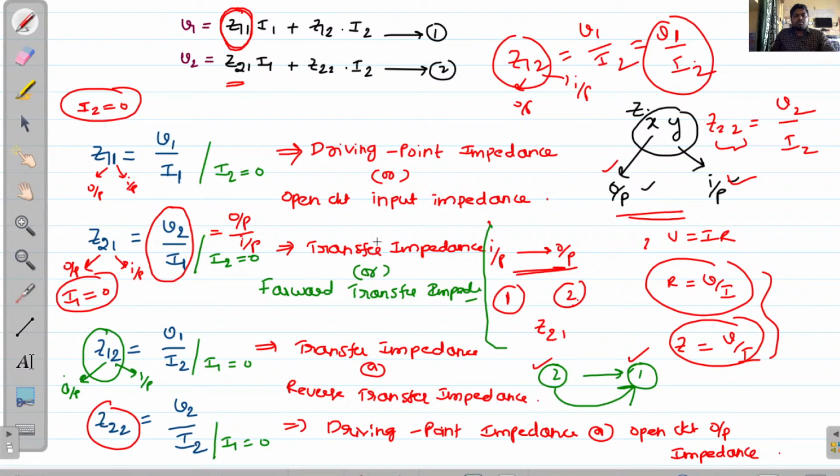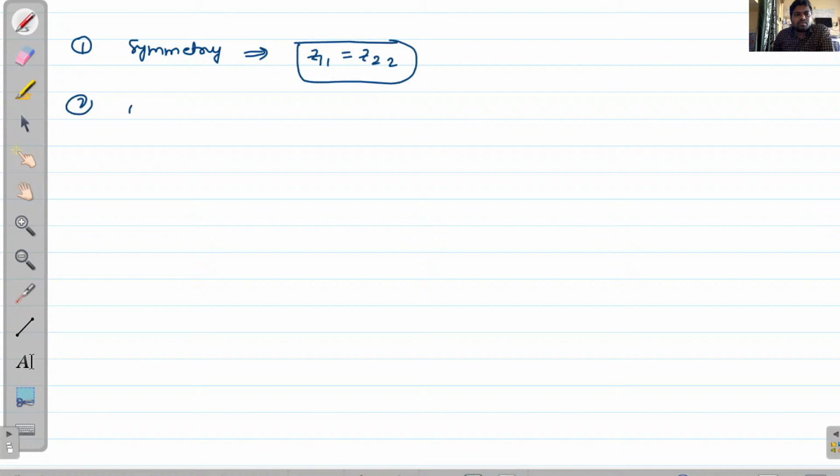We have two conditions for these Z parameters. One is the symmetry condition, and the other is the reciprocity condition, which I already explained. The first one, symmetry condition: for Z parameters, if Z11 equals Z22, then it satisfies the symmetry condition.